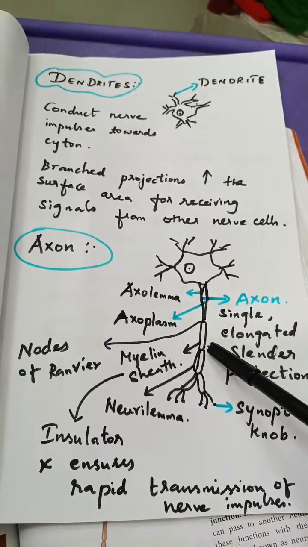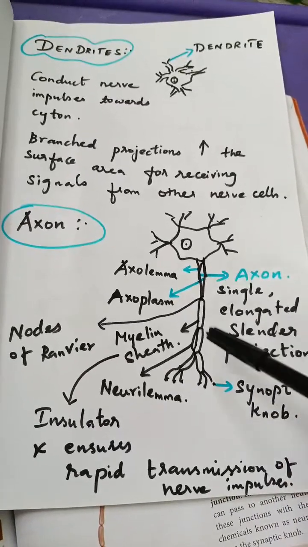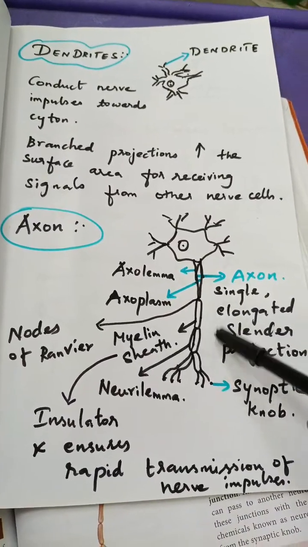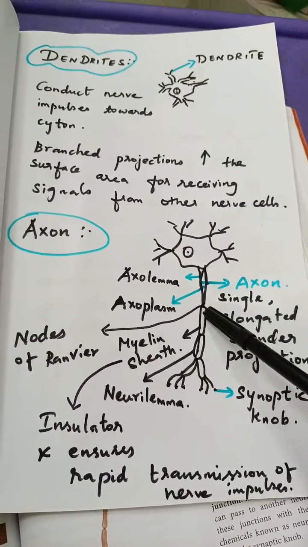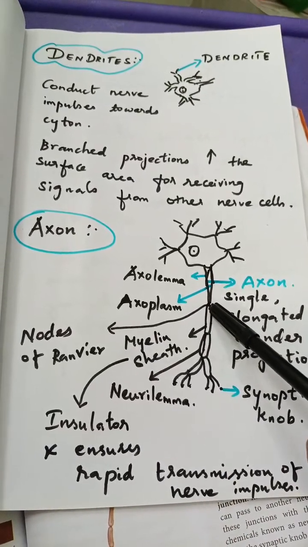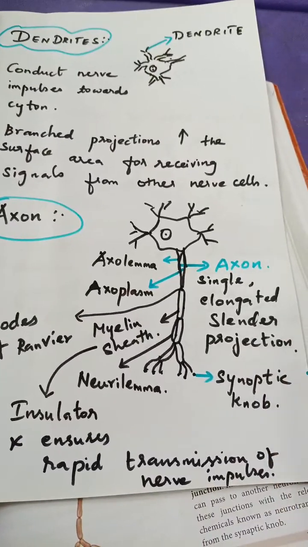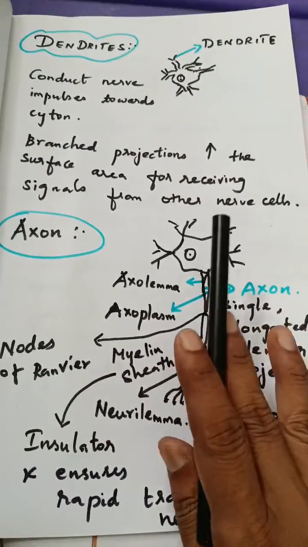This myelin sheath is also covered by a neurolemma. We also know about the nodes of Ranvier, and we also have internodes in between these nodes. Clear? This is the structure of the axon.